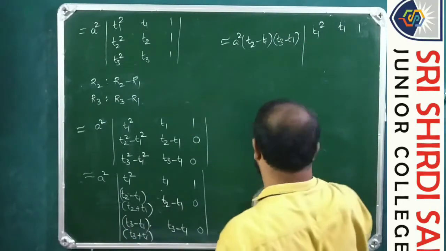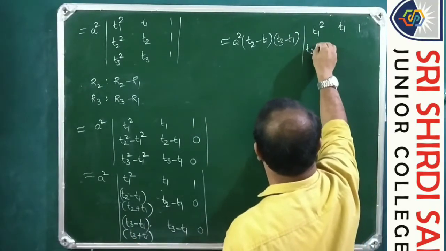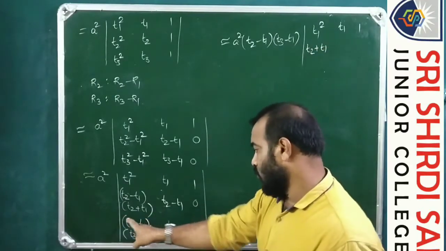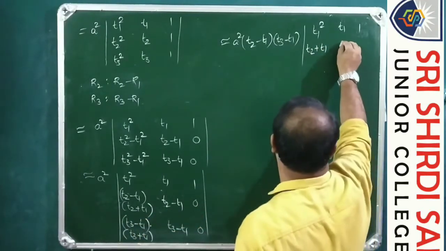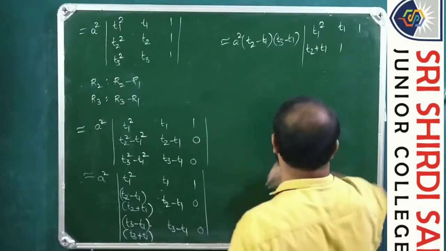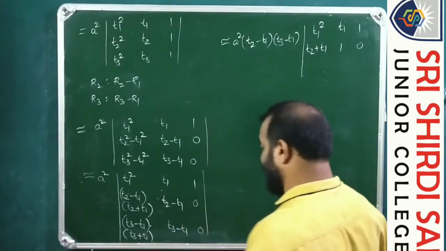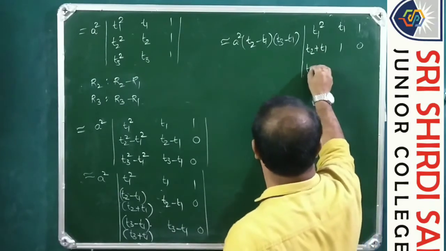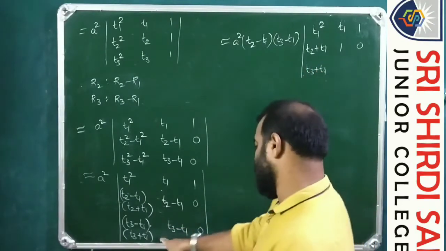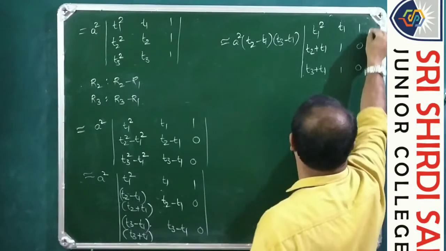So that is T1 square, T1, 1. This is T2 plus T1, 1, 0. This is T3 plus T1, 1, 0.